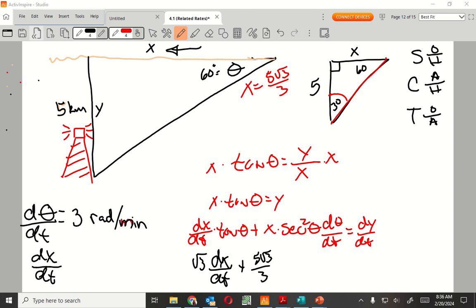Secant squared. Secant is the reciprocal of cosine. What's cosine at 60? No, that one's 45. It's going to be 1/2. So cosine at 60 is 1/2.